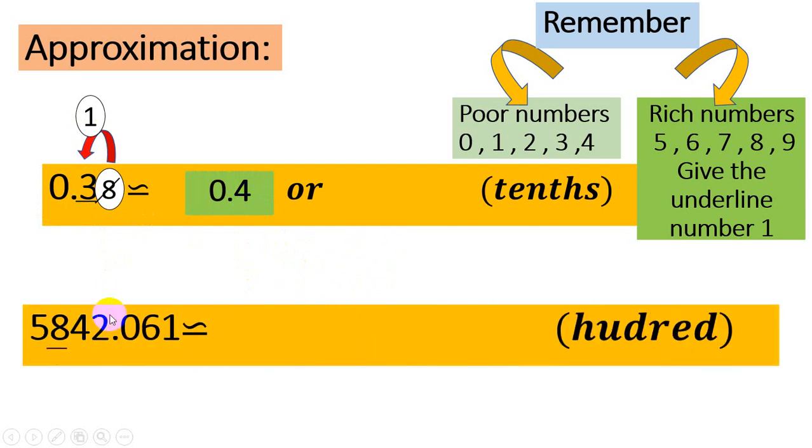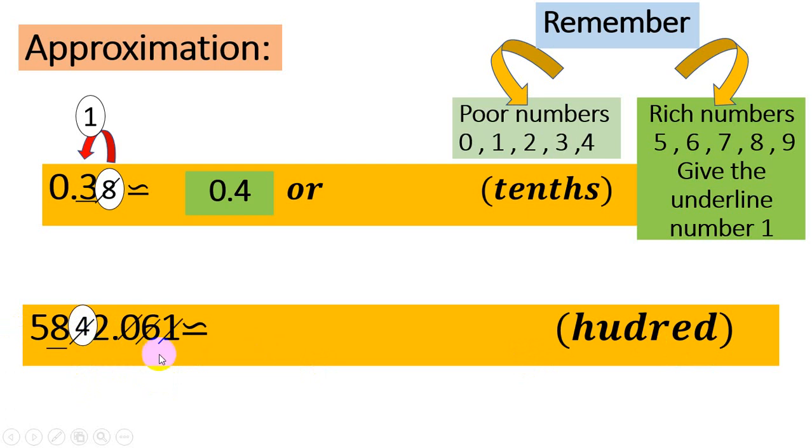The next exercise here, 5,842 and 61 thousandths. Approximate to the nearest 100. Underline the 100. Circle the number just after it. Are you poor or rich? Poor.